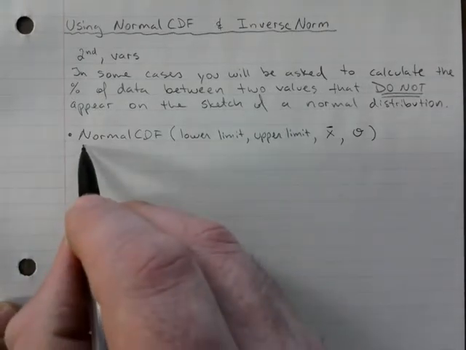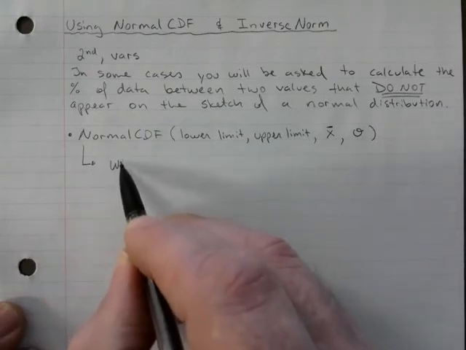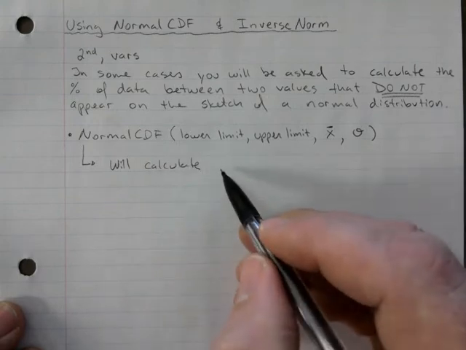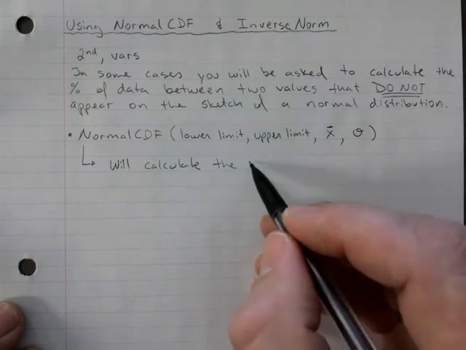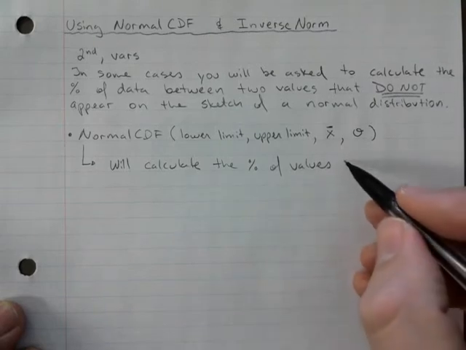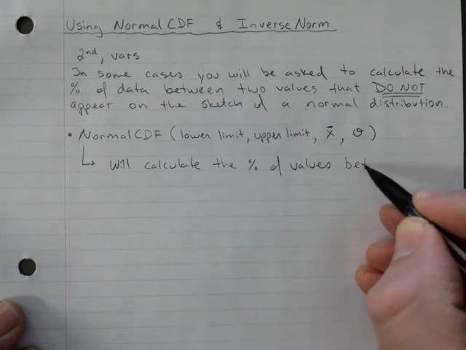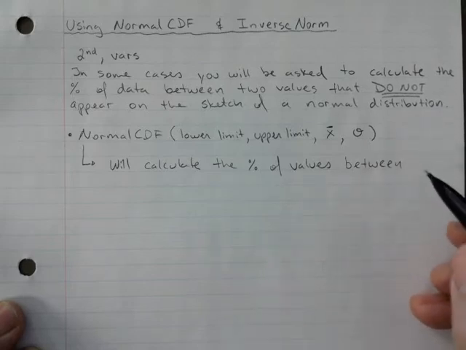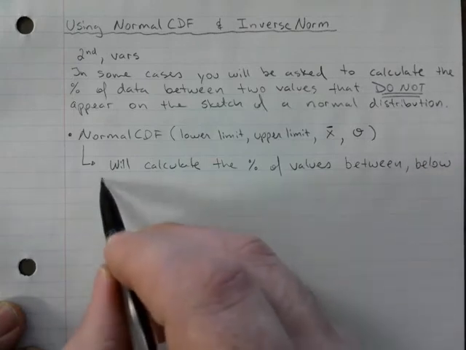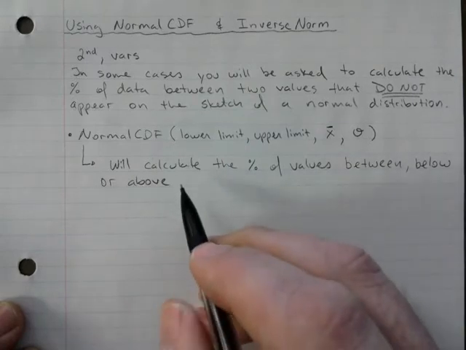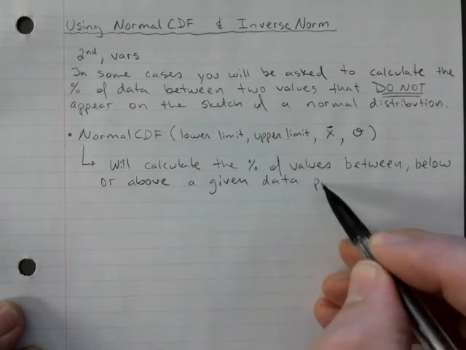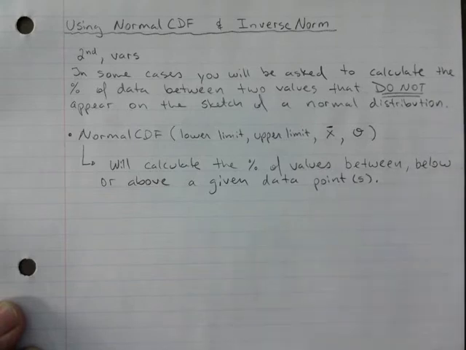So what does this do? It will calculate the likelihood, right, or the percentage of values between, below, or above a given data point or data points, right?